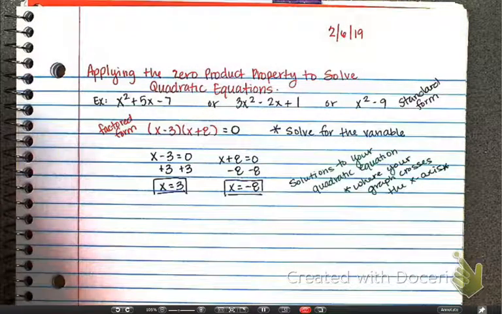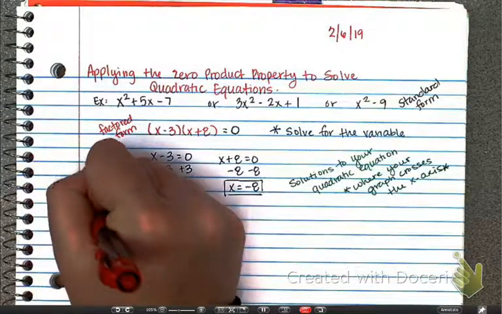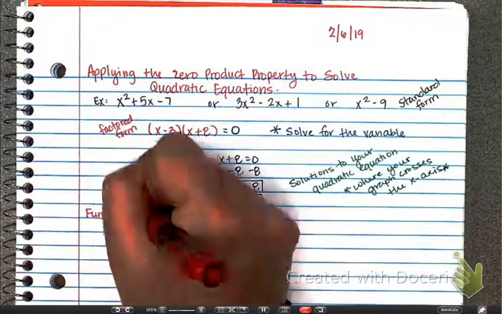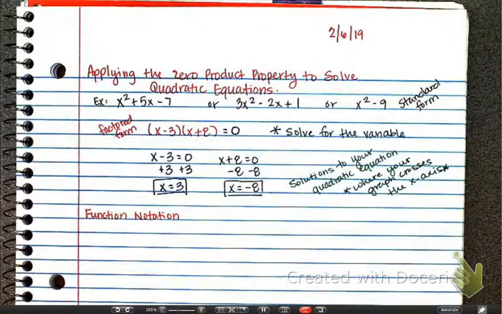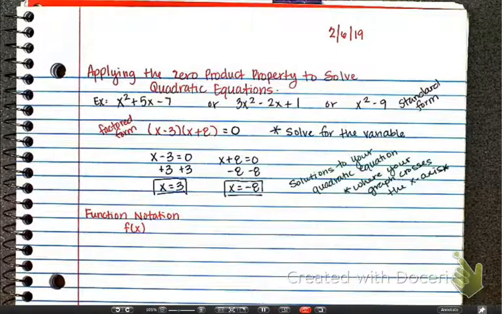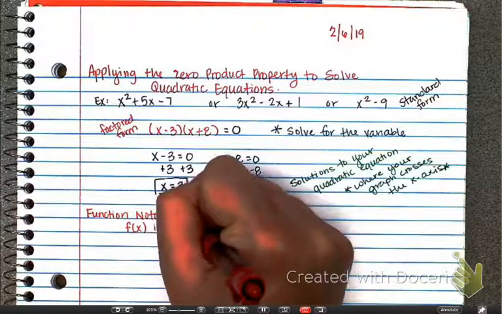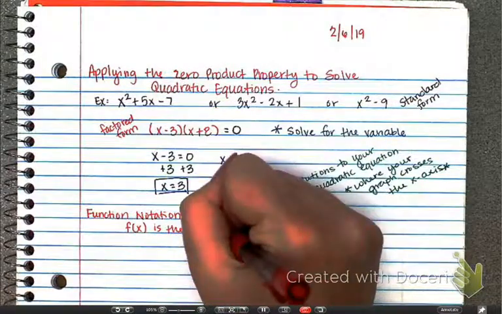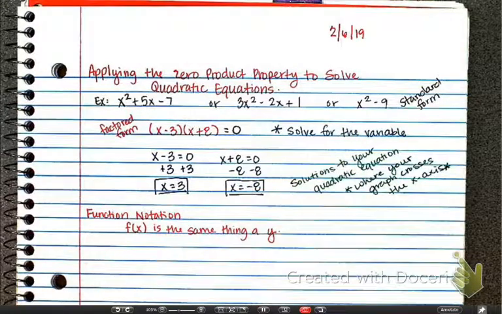All right, a little bit of notation before we fully get into this. Function notation you should have seen before. Function notation is something where we have f of x equals, and f of x is the same thing as y. It's just a different way to write it. Okay, so f of x and y are exactly the same thing.